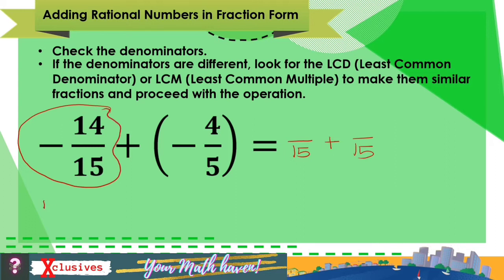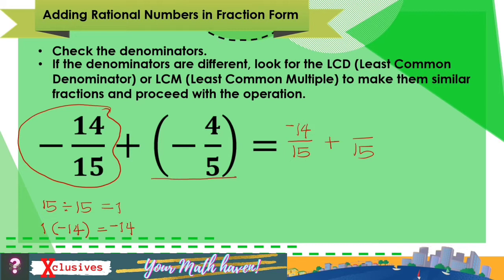That's 15, which is the LCD, divided by 15, which is the denominator of the first term, gives us 1. 1 will be multiplied to the numerator, which is negative 14, and this gives us negative 14. So we will write negative 14 in our numerator for the first term.